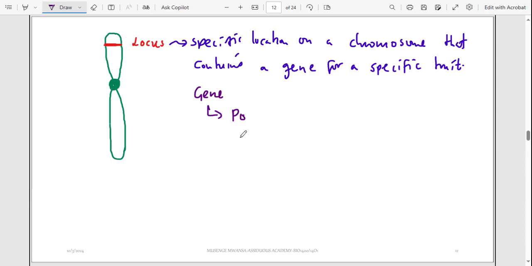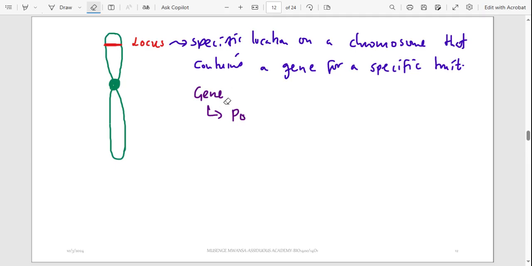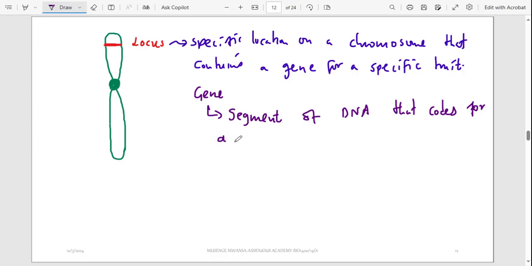A gene is a specific portion, or let me say segment, of DNA that codes. By now we know what it means if we say code, right? Because we've talked about translation, the formation of protein. So that codes for a protein that is used to express that trait.